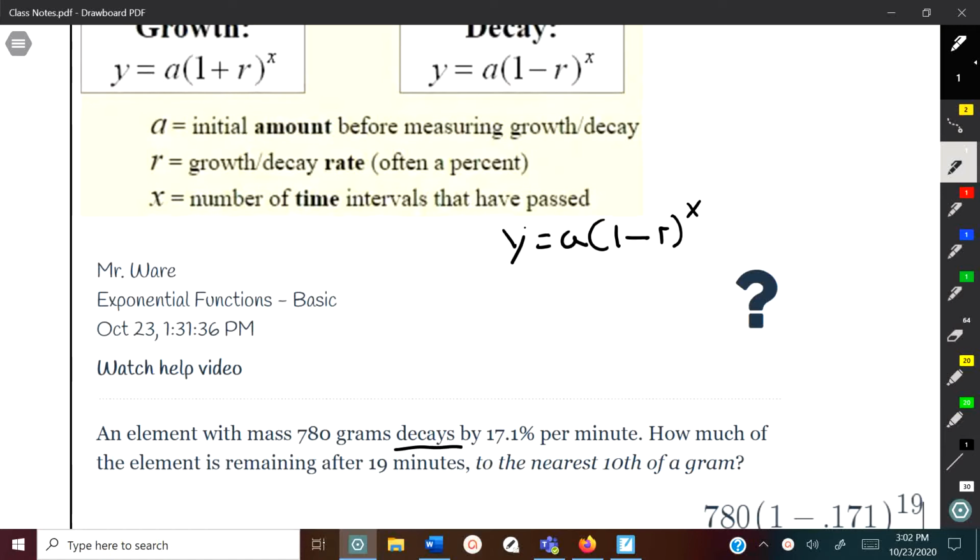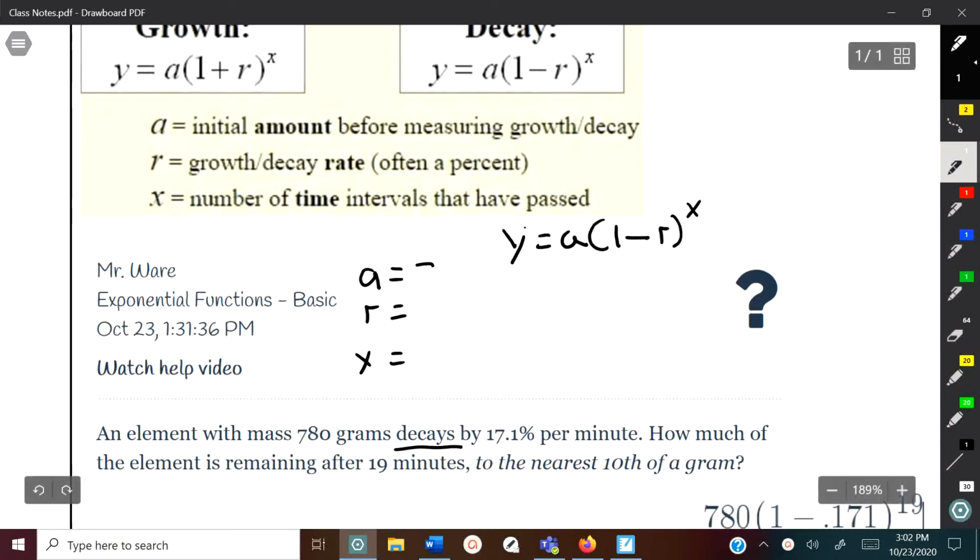Now the next thing you want to do is find out what a is, what r is, and what x is. Alright, so the element with a mass of 780 grams decays.